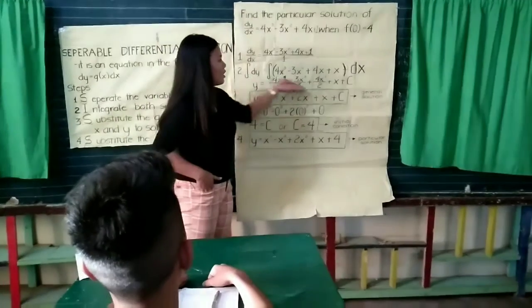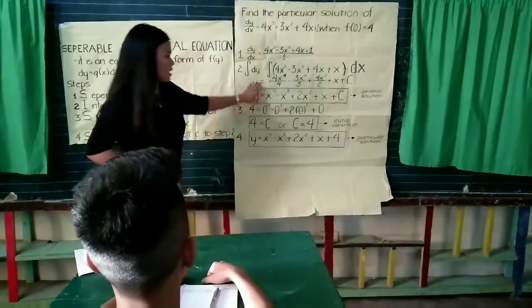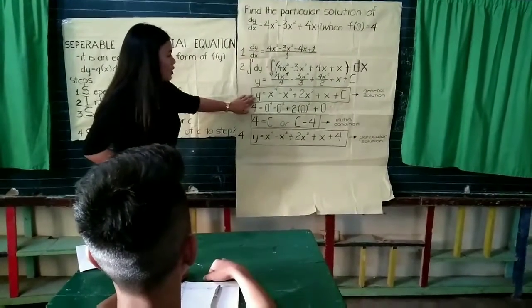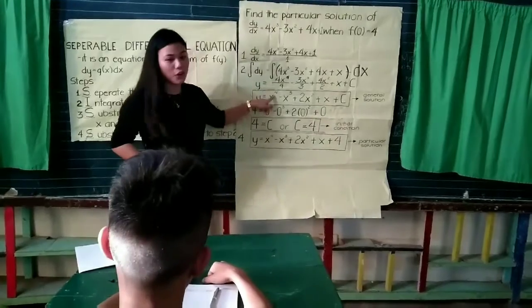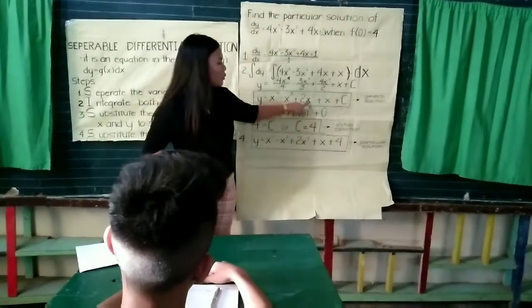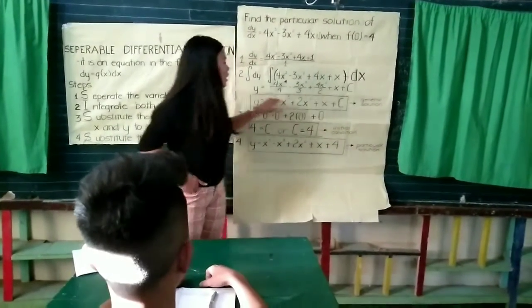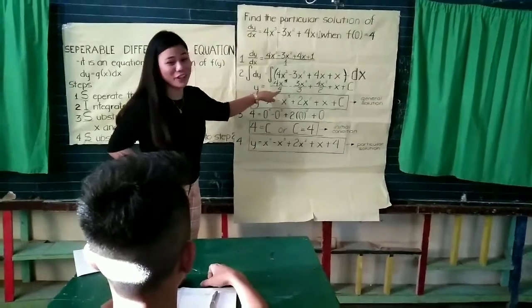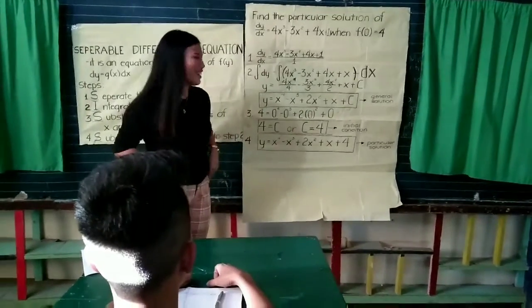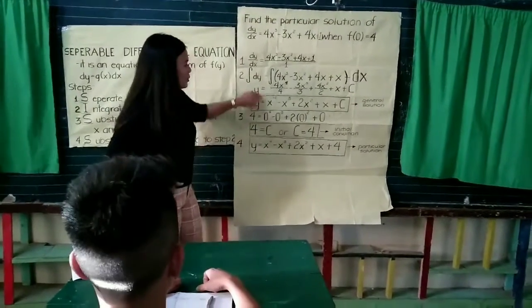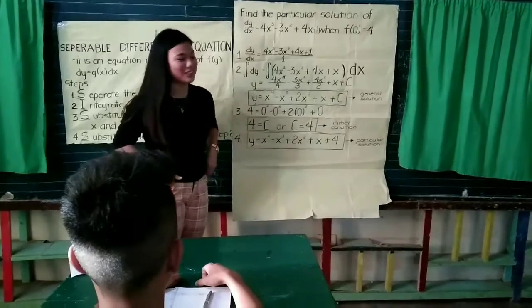And that will give us y equals x raised to 4 minus x cubed plus 2x squared plus x plus c, because 4x raised to 4 over 4 is divisible by 4. That's why it will give us x raised to 4.